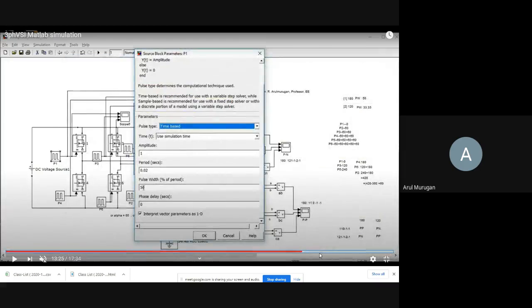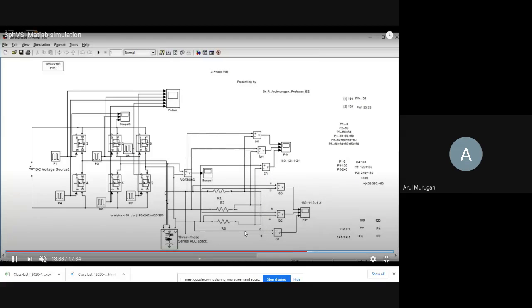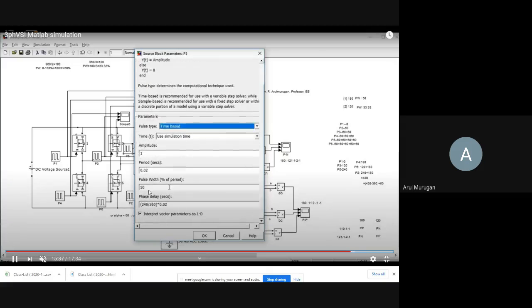I explained to you what the pulse widths are in the mode diagram. Okay, so now I will change that one here. For 120 degree mode, the pulse width is 33.33. So when you change it, the pulse width changes to 33.33.